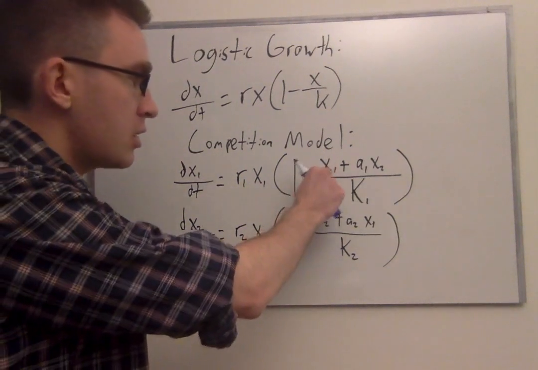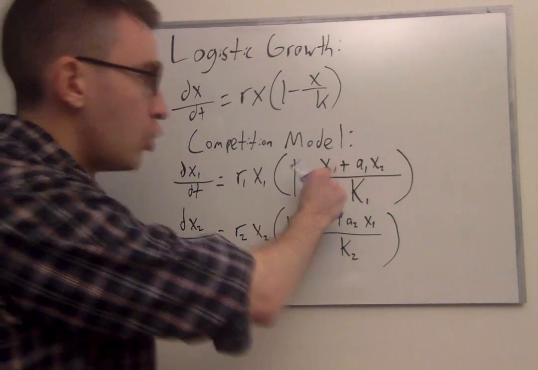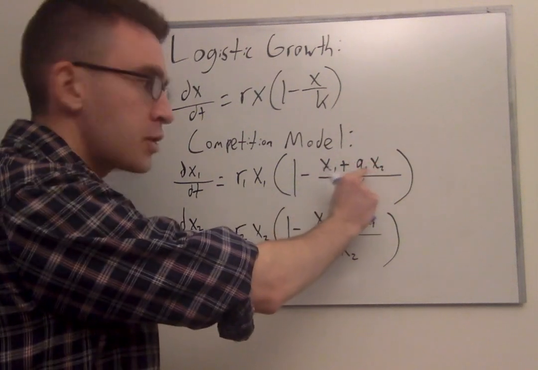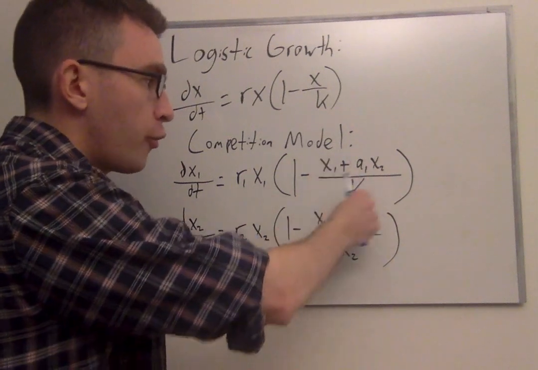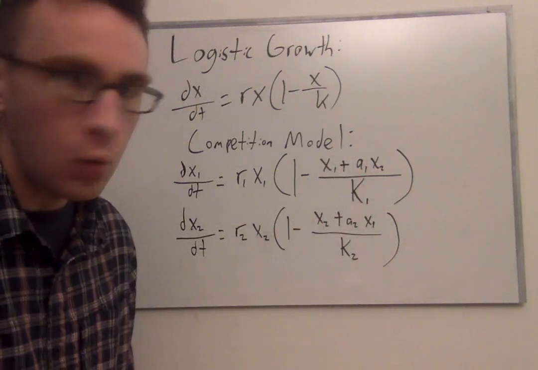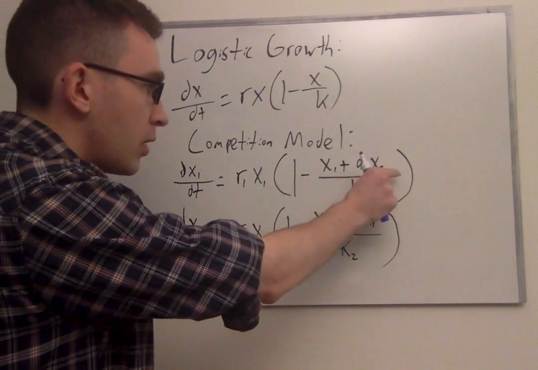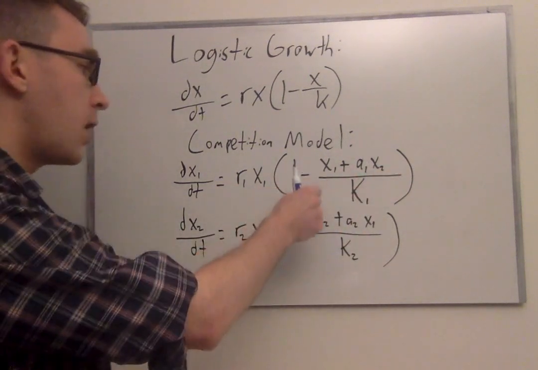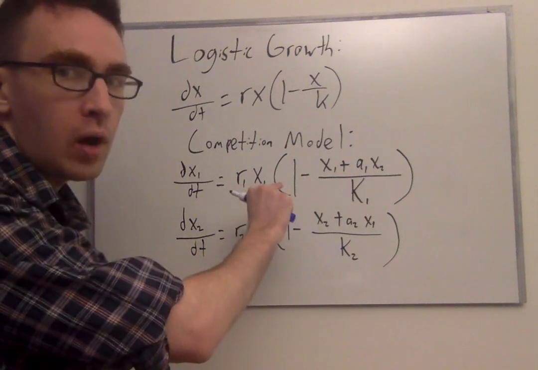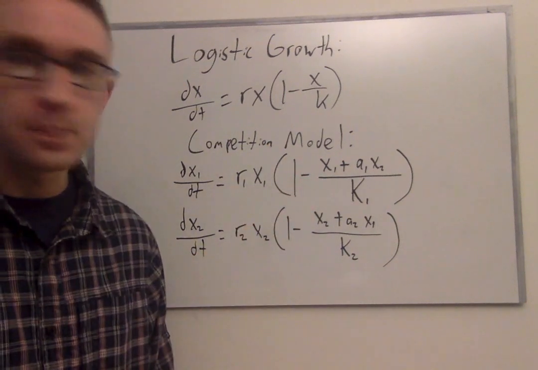So basically, as this numerator term on the top of the fraction gets closer and closer to k1, this whole fraction will become closer and closer to 1. So this whole term will become closer and closer to 0, and that will decrease the overall growth rate of the population.